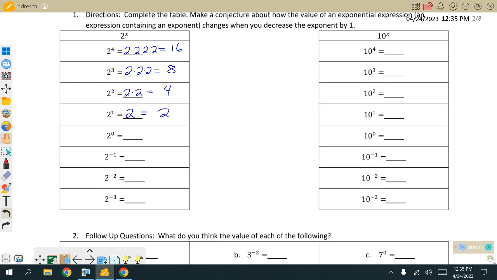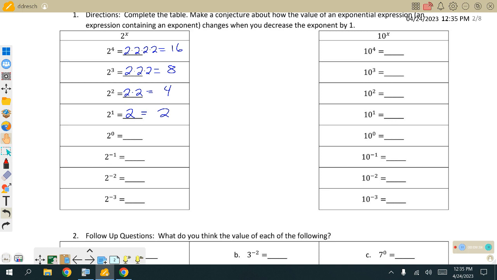Okay. Now we get down there, and what are we doing to these 2's here? We're losing a 2 each time, and what operation is doing that? Division, right? We're dividing by 2. 16 divided by 2, 8. 8 divided by 2, 4. 4 divided by 2.